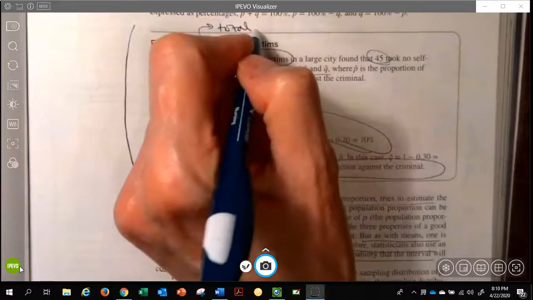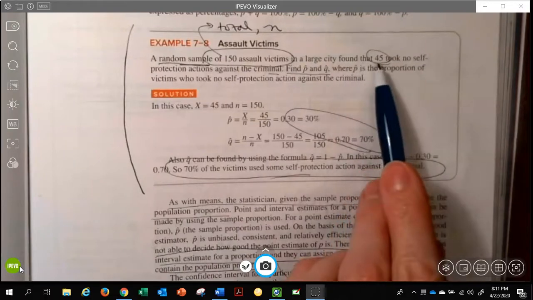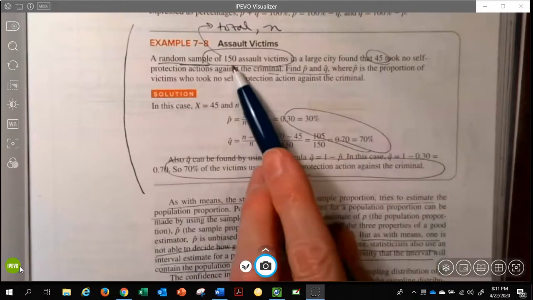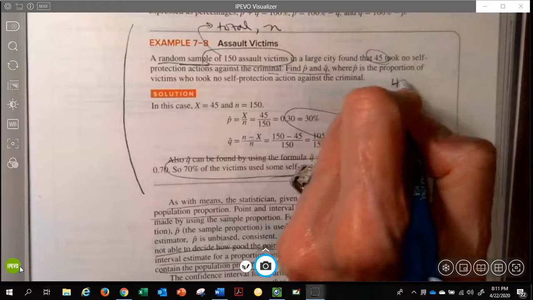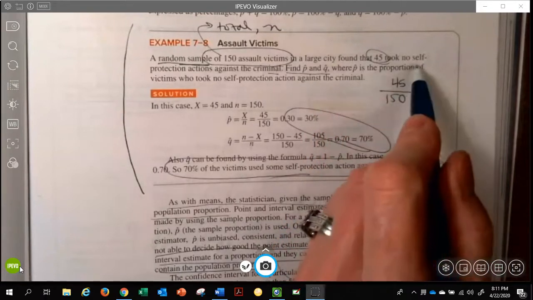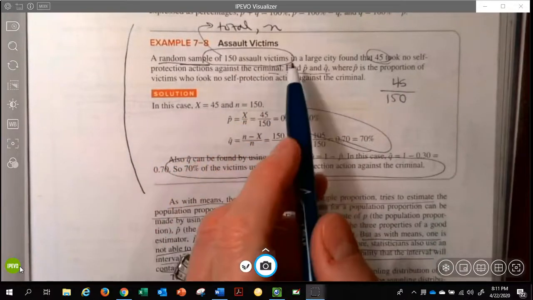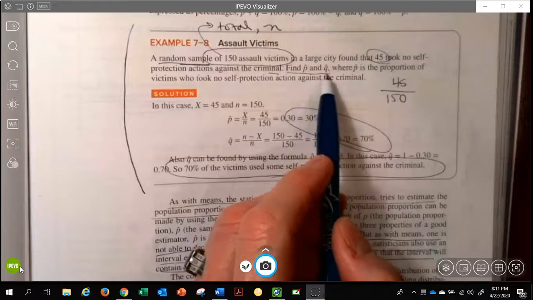And you might start writing yourself notes like, this is my total, or this is the N. It's the total amount in my sample. And they found that 45 out of that 150 took no self-protection actions against a criminal. They want us to find P hat and Q hat.